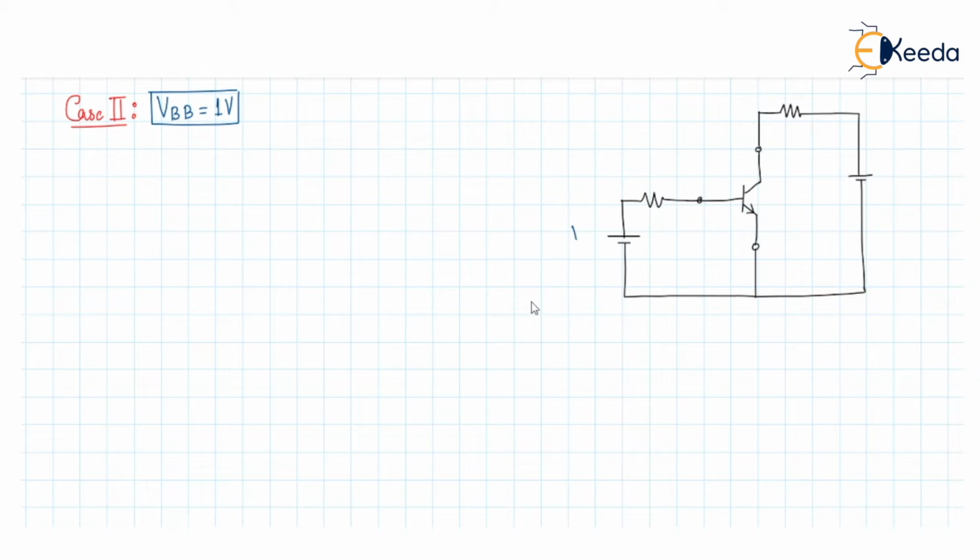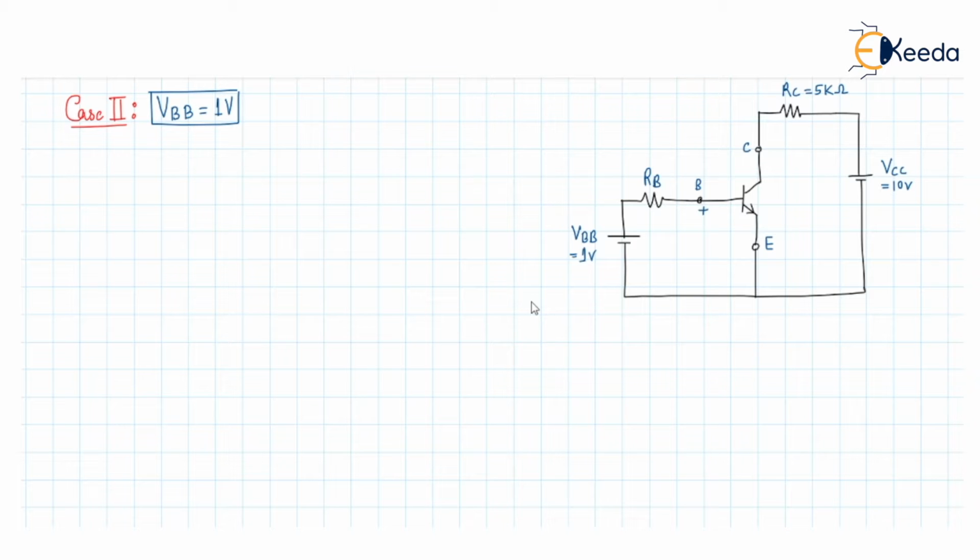Now we have applied here a 1 volt, and this is my RB. This is the RC value which is taken as 5 kilo ohm. This is the VCC which we have taken as 10 volt. This is the collector, this is the base, this is the emitter.